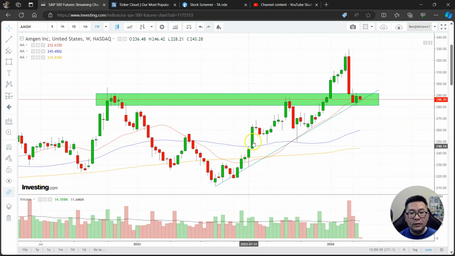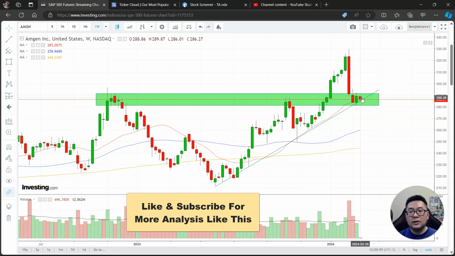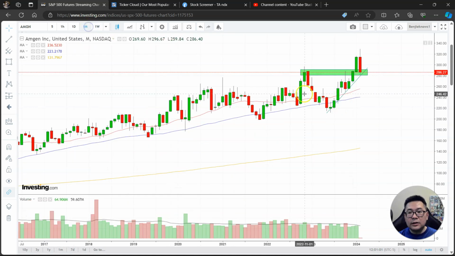Traders can buy here, ride it higher. Here we also have a bottoming tail. Traders can buy above the bottoming tail, put a stop loss and ride it higher. So we want to see if there is a bullish reversal chart pattern or a bullish reversal Japanese candlestick pattern for traders to trade.